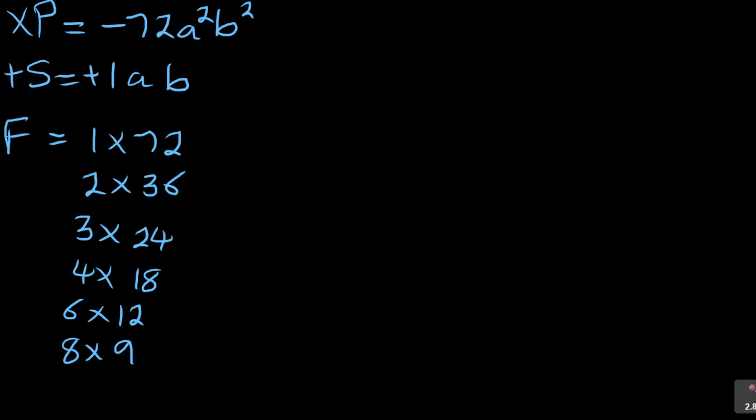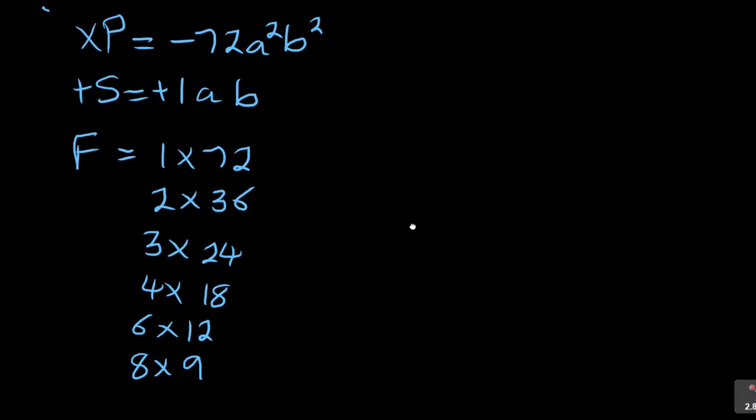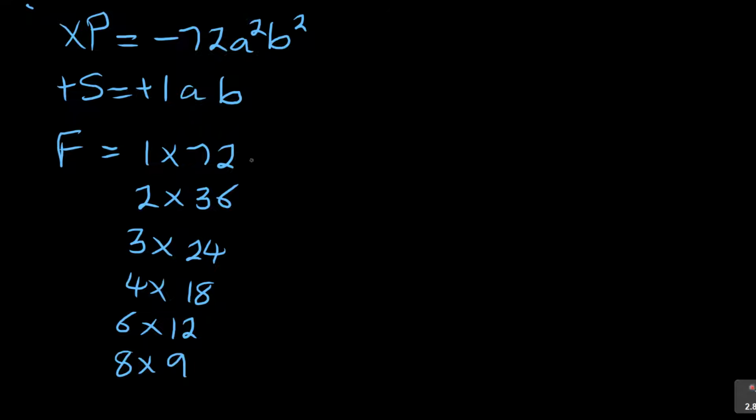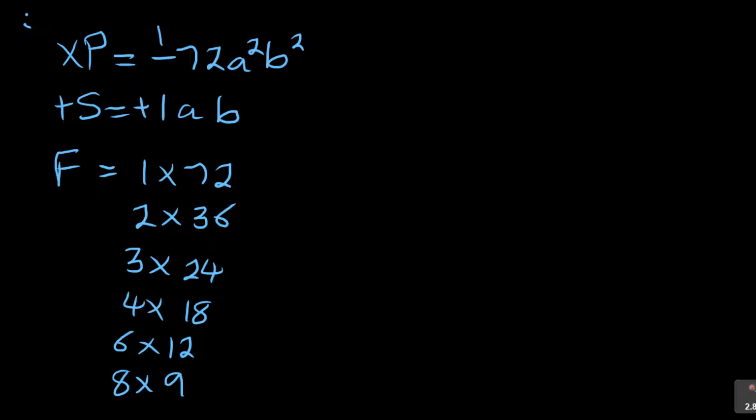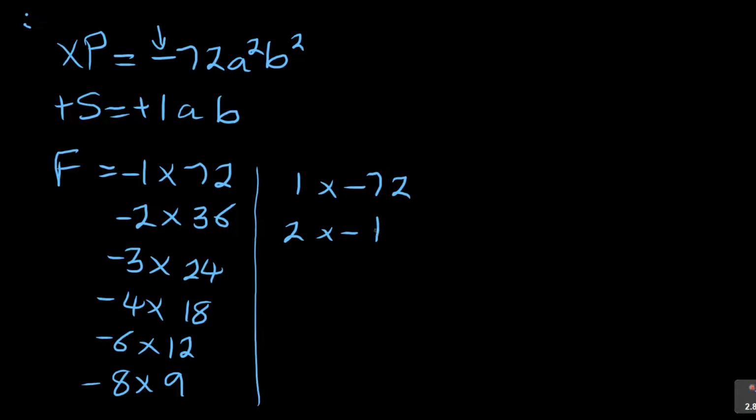So look at this, we're looking for two numbers. When we multiply them, we get 72. But we're not only looking for 72, we're looking for a negative. So one of them must be negative. You can make the first one negative, or you can write a similar thing. 1 times negative 72 is the other side. 2 times negative 36.